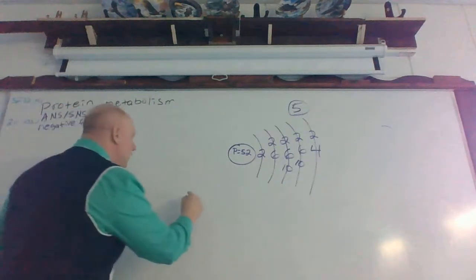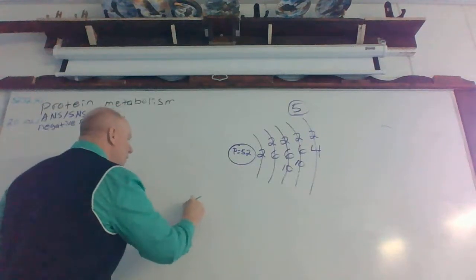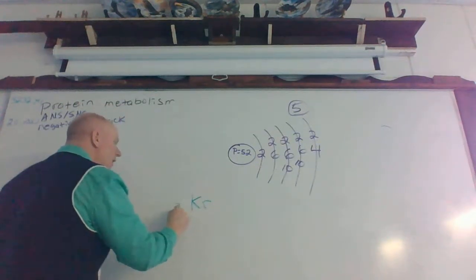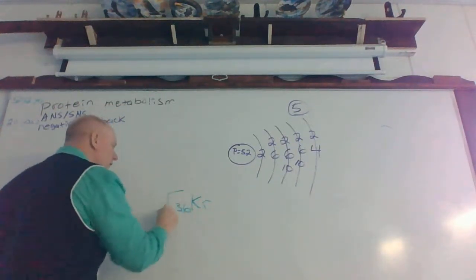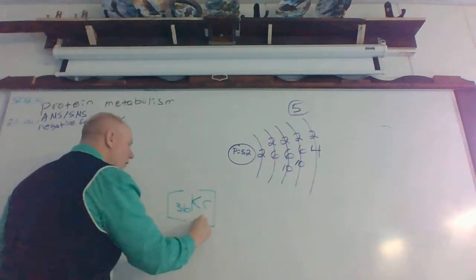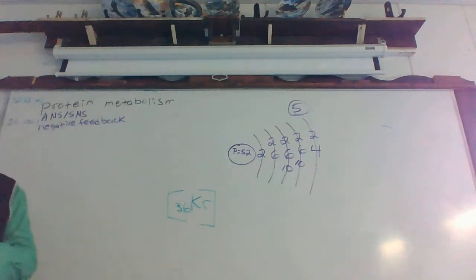Okay, so if we start with a krypton core, we're already up to 36. Okay, what period is krypton in? The 4th. So what's going to come after 4p? Because you said 4th. That's right.